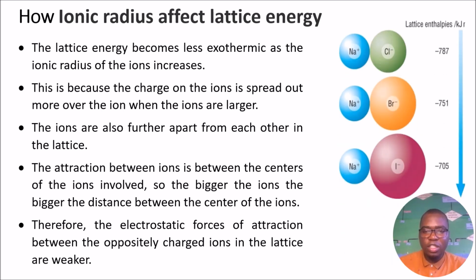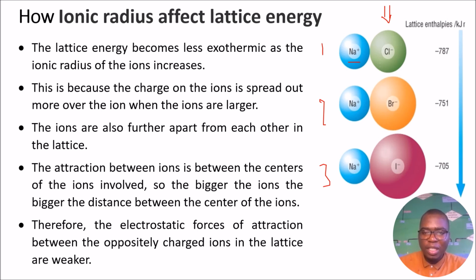Let's look at this illustration here. We have 3 compounds, 1, 2, and 3. All these 3 compounds have the sodium cation as a common cation, but the difference comes in their anion. You notice that the size keeps on increasing from chlorine to bromine and finally to iodine.